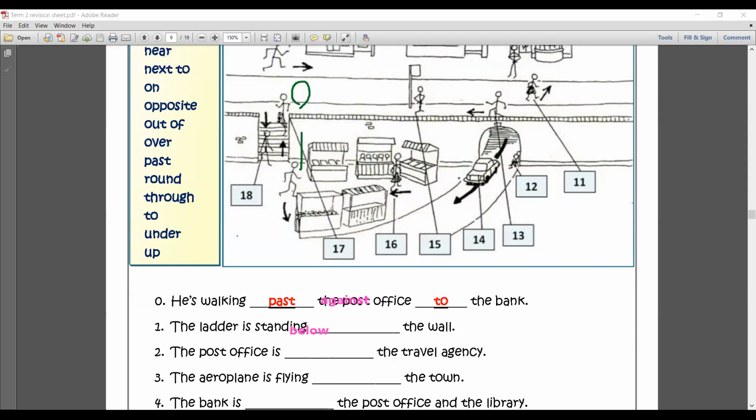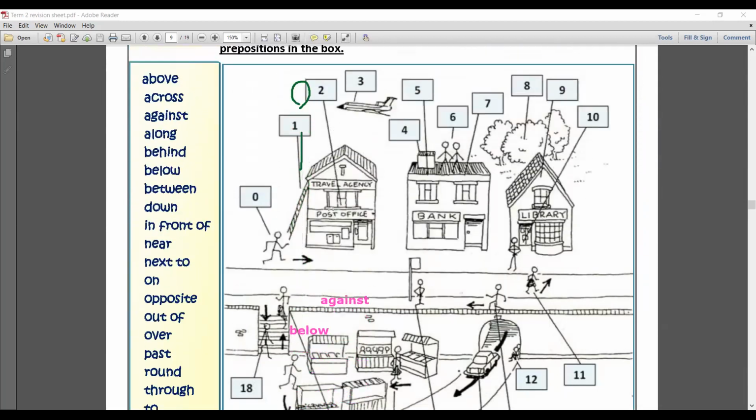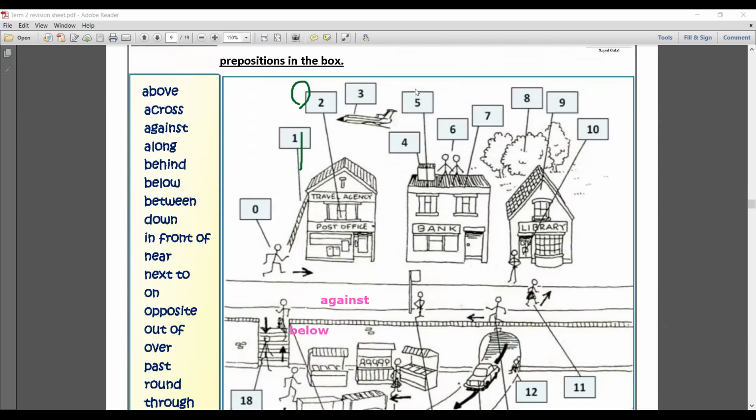Okay, next. Number three, the aeroplane is flying. Where is the aeroplane? It's right there. The aeroplane started its journey from here, for example, and it's flying. Is it stopping above the town? No, it's flying. We said it's like past, but when we go on top of this thing, it's over.